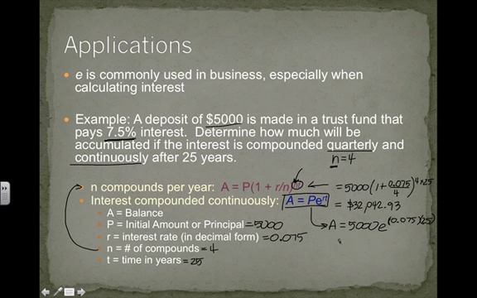All right, you should have gotten $32,604.10. So we can see we make almost $600 more if it's compounded continuously. So it's to your benefit to have it compounded more times a year.